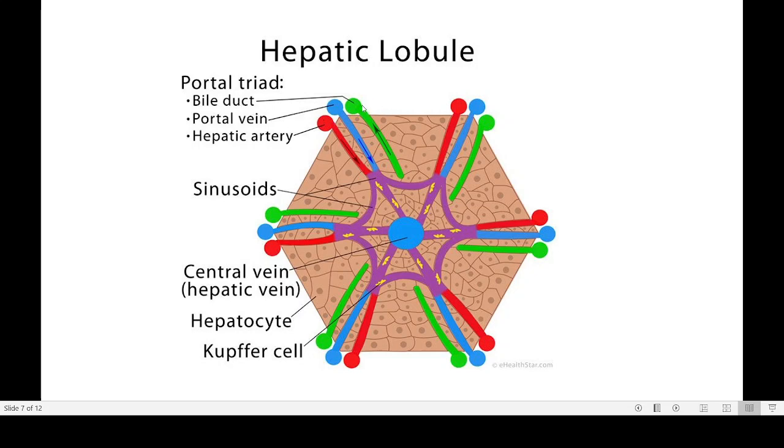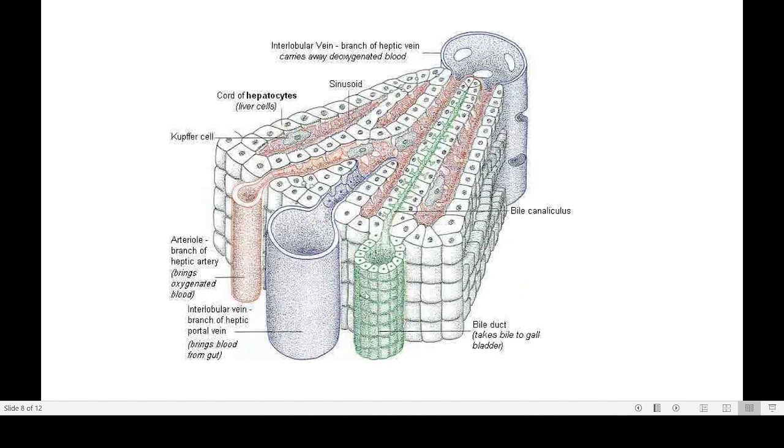One canal is the bile duct. Another canal is the portal vein. Another canal is a portal artery. So these three tubes are placed together, and they are known as the portal triad. One is a bile duct, another is a vein, and the third is an artery.